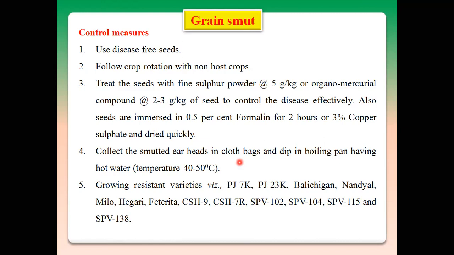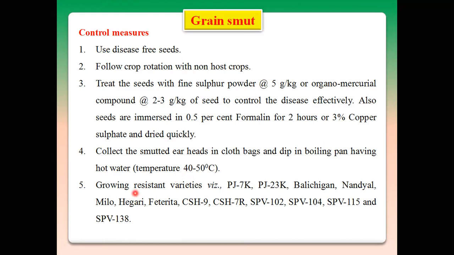So these gunny bags are dipped in boiling water or a boiling pan having a temperature of near about 40 to 50 degrees Celsius. So in this way, kill the blackish spores, that is sporidia.